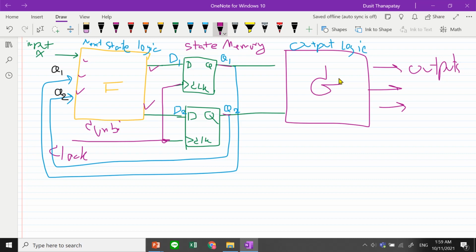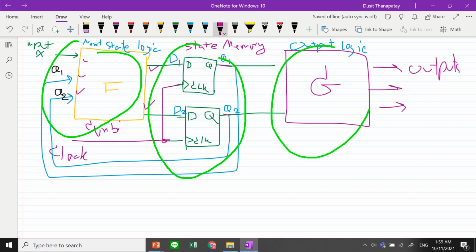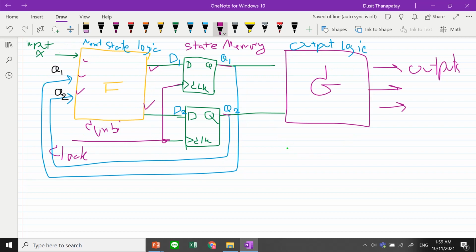For the design, you must design these 3 parts of the circuit: state memory, next state logic, and output logic. How to design? It's very easy. For state memory, you just determine the number of flip-flops, or number of state variables, that are sufficient for the number of states.